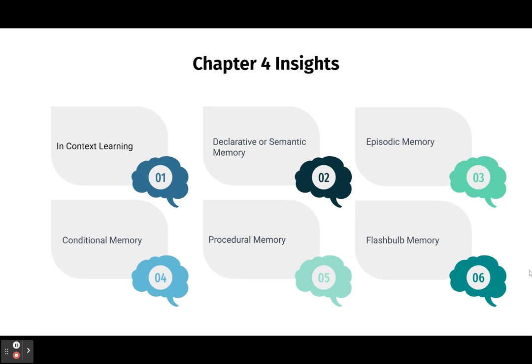In chapter 4, there are a lot of examples of how putting something in a story helps students to remember it so much easier than just reading a list of facts.